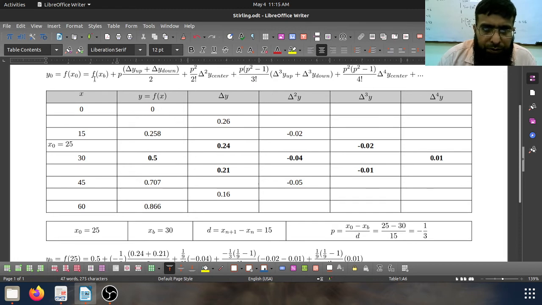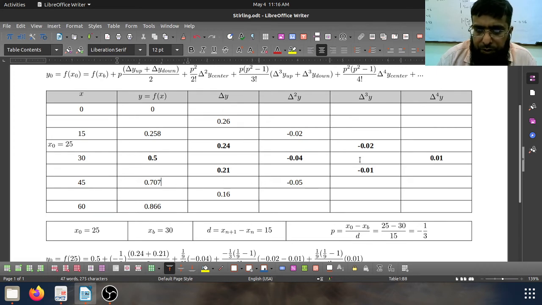So that's all. We have studied the formula, and we have completed the whole table. The table is the same as we have been doing for Newton's methods. This del y is computed as this y minus this y, and 0.21 is the difference between 0.707 minus 0.5, and this 0.16 is the difference between 0.86 minus 0.7.